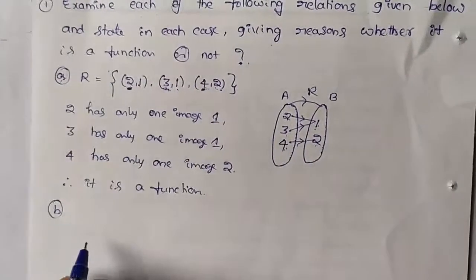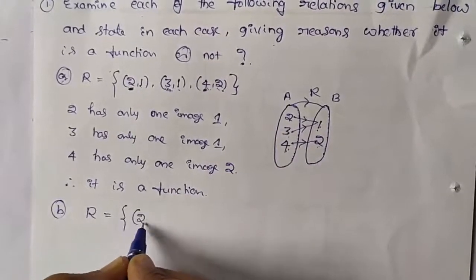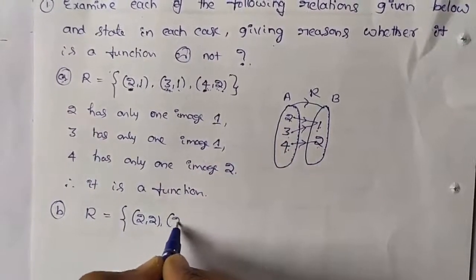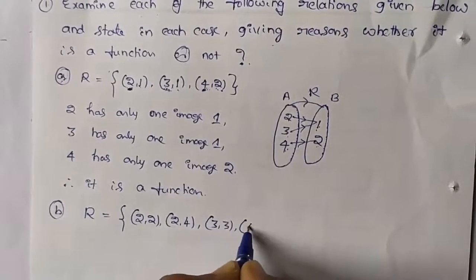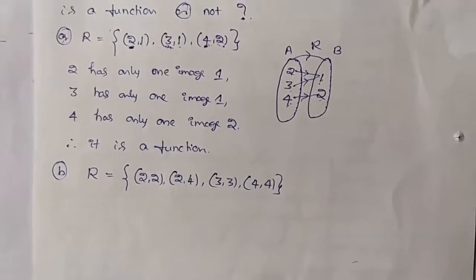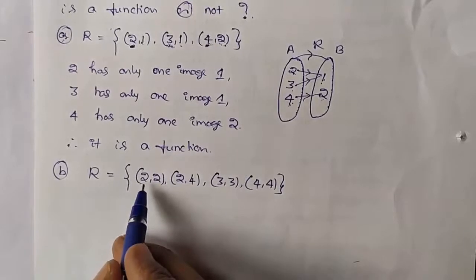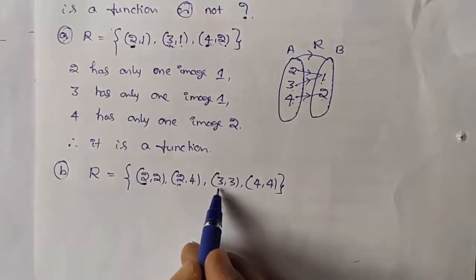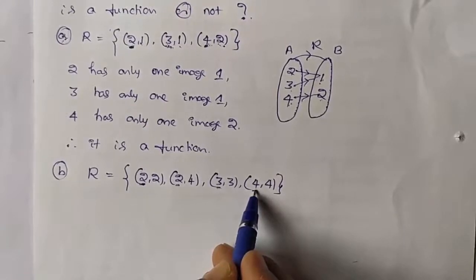Second one: relation R equals {(2,2), (2,4), (3,3), (4,4)}. Just recall the previous point: if the first element of the ordered pair is the same or repeats, then that is not a function.